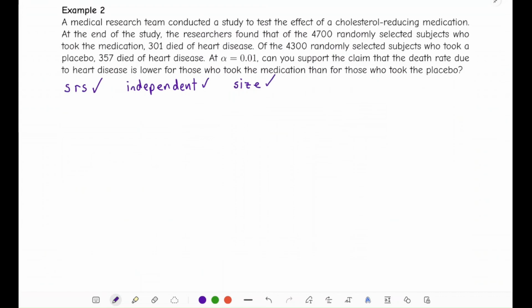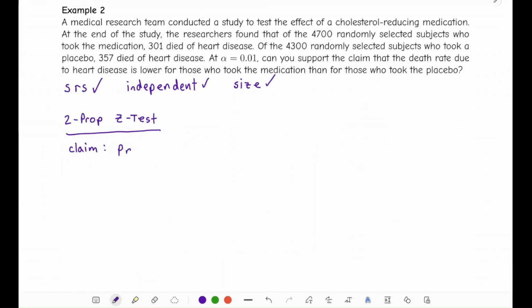So now I can go through and do the 2 prop Z test. So again, I need to start out with my claim. So the claim is the death rate due to heart disease is lower for those who took the medication.